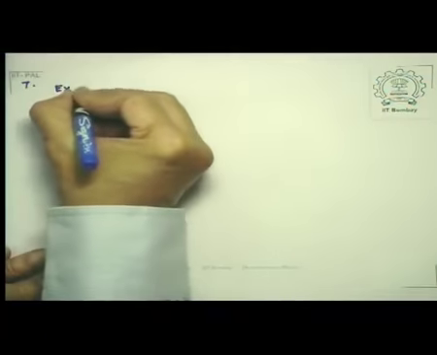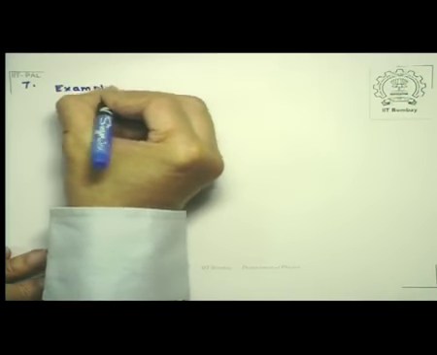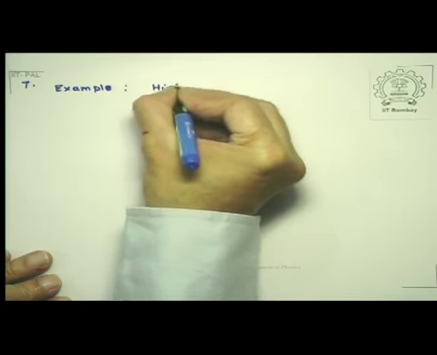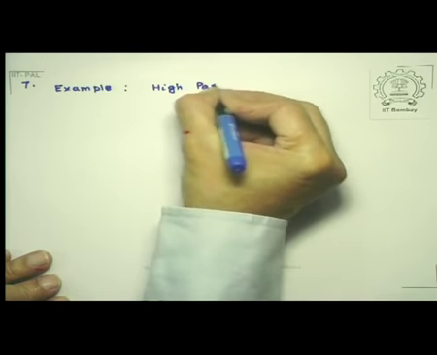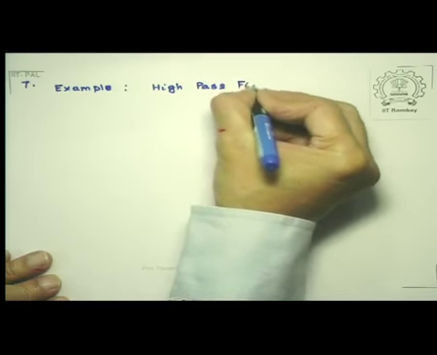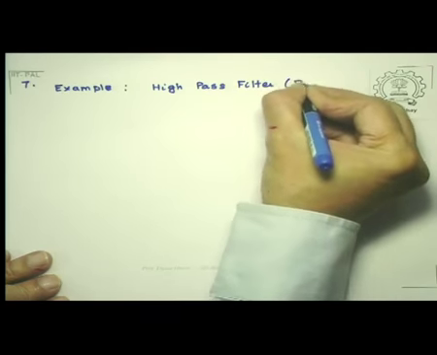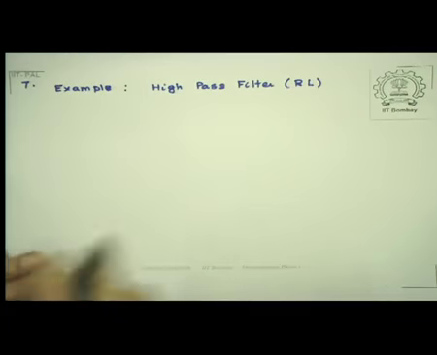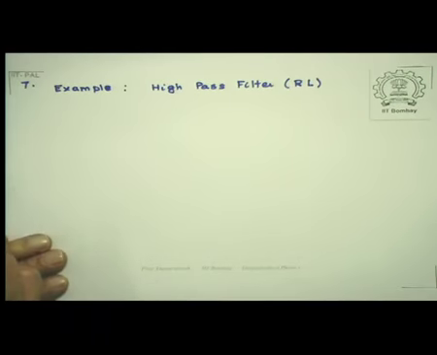So let me explain what it actually means. So example of a high pass filter. This uses RL. We'll see later that I can also construct a circuit which acts as a low pass filter, but let's look at this situation.